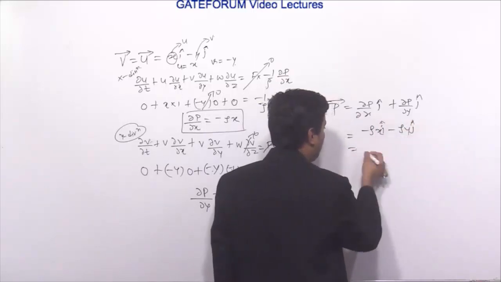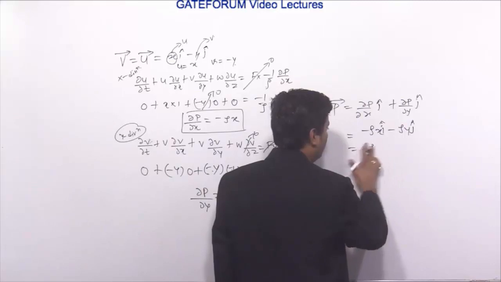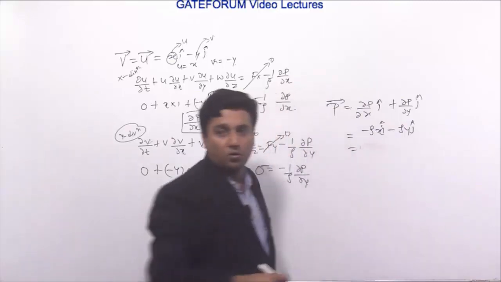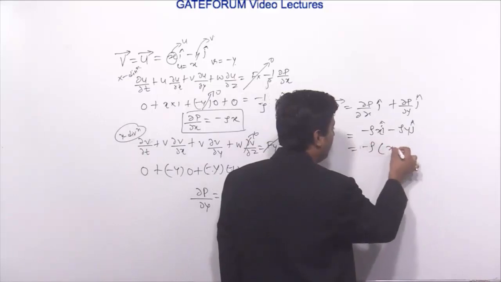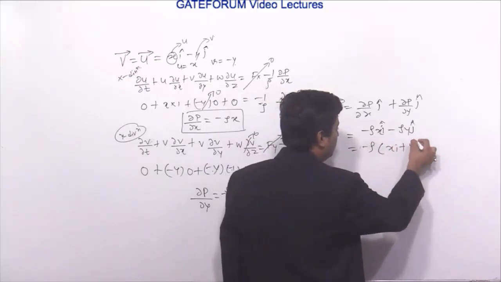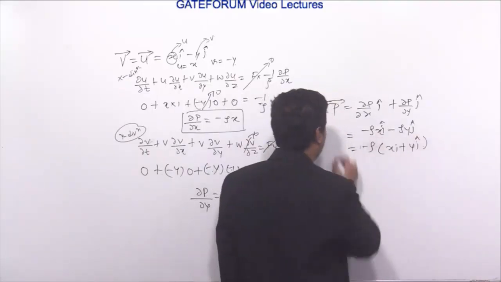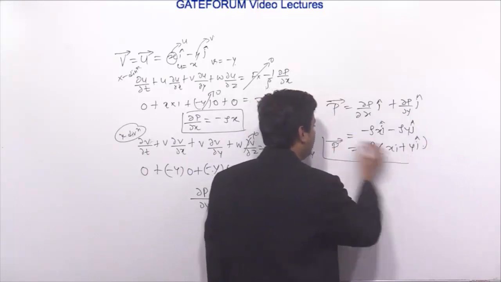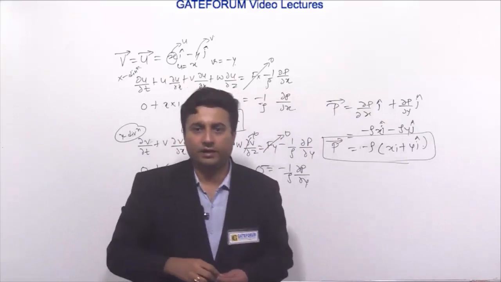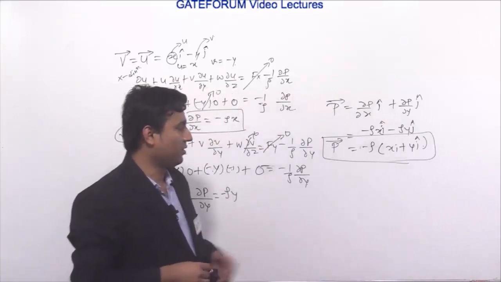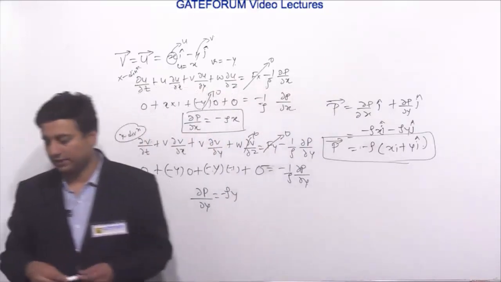Let us take rho common here: minus rho (x i plus y j). That is your pressure gradient vector. So thank you for now. After this we will go for the next question.